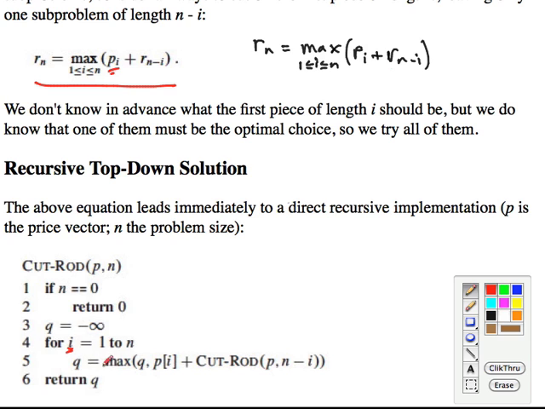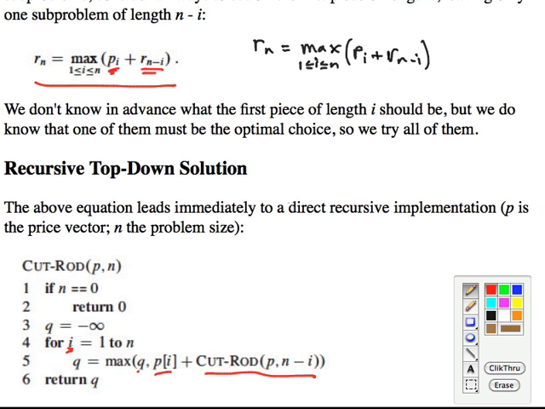So each iteration through the loop, we're going to ask, is the new solution cutting off a piece of length i plus the remaining solution bigger than what we had before? And so that implements this max here of the piece we cut off and the recursive solution for the subproblem.